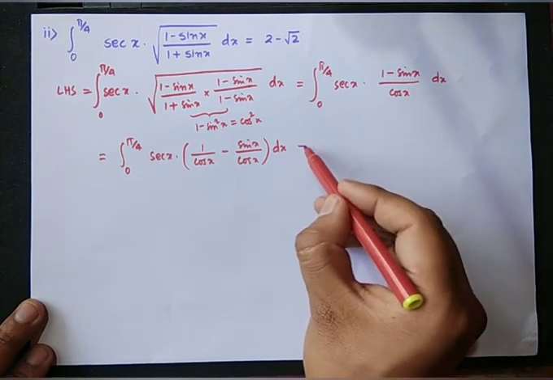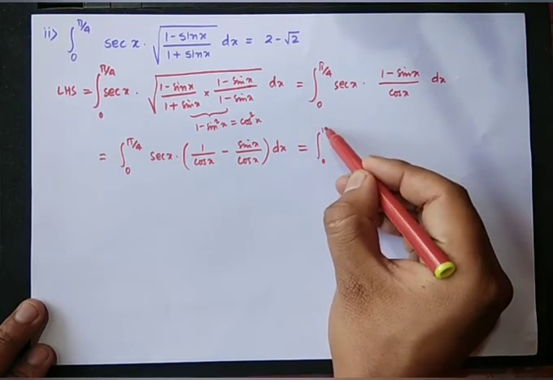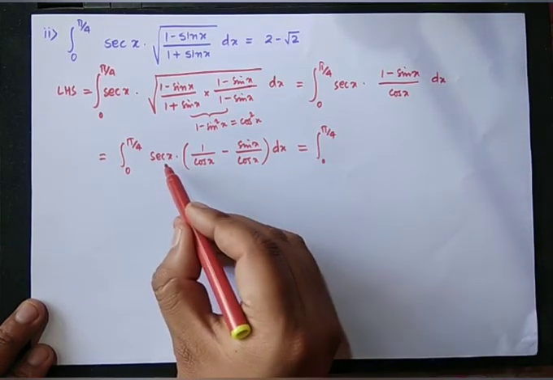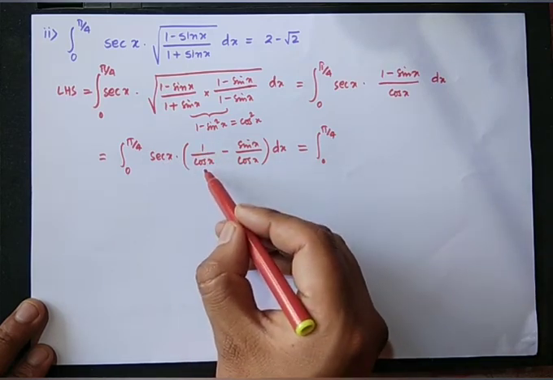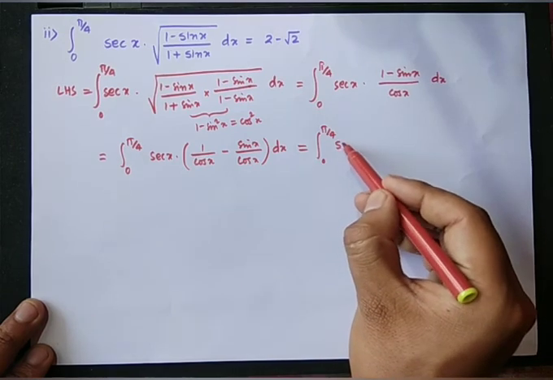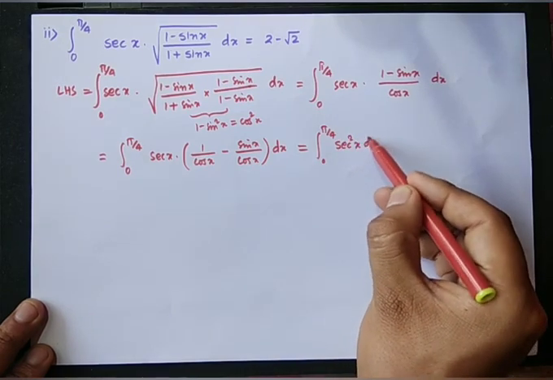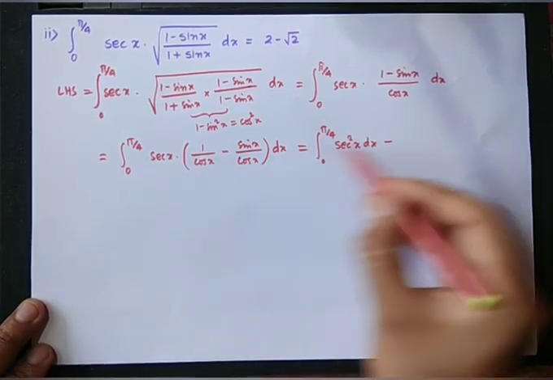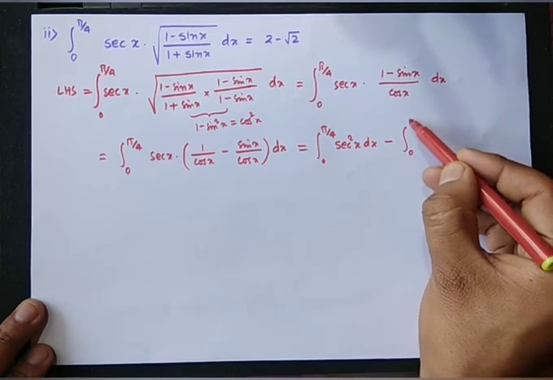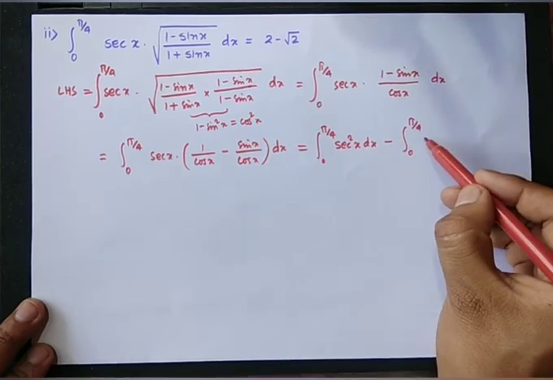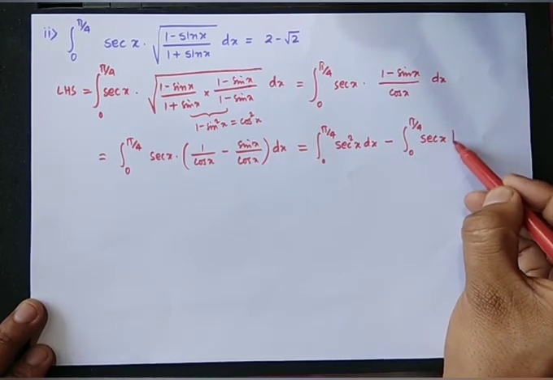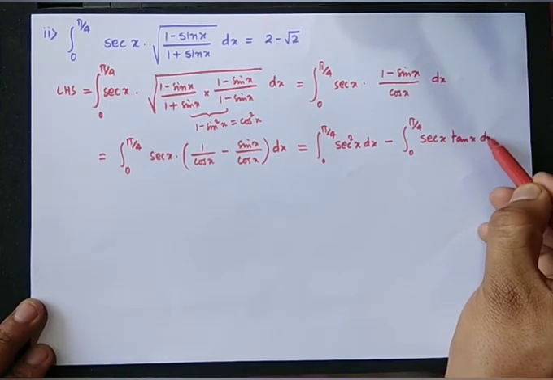So let us split now. 0 to pi by 4, sec x into 1 by cos x. Again, the reciprocal, 1 by cos x is sec x. So sec x into sec x is sec square x dx, minus 0 to pi by 4, sec x, and sin x by cos x is tan x. So we have sec x tan x dx.